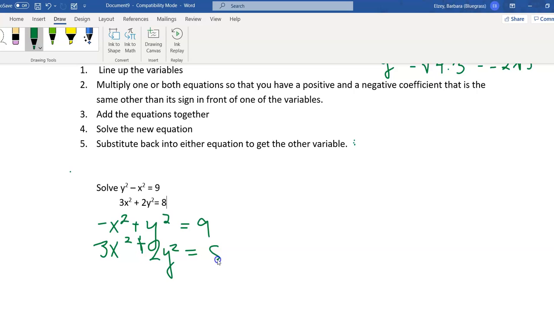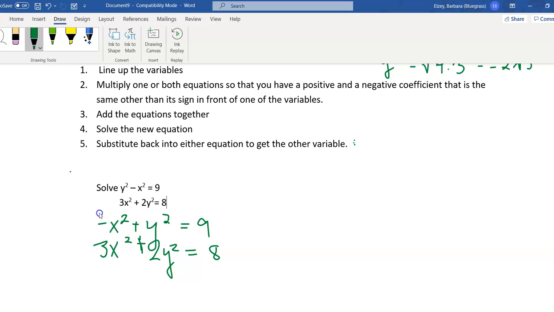All right, now, just to be different, since I eliminated the y squareds in the first one, let's eliminate the x squareds, the x's this time. So let's notice that what we really want is to be able to add these x squares together and for them to disappear. There's a 3 here, so ideally if we had a negative 3 right here, when we added them together, they would cancel each other out.